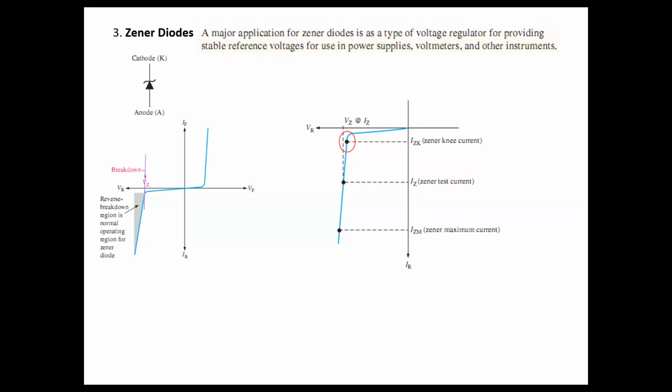In the data sheets, you can find the Zener test current, and also the Zener maximum current. When using a Zener diode, we should not exceed this maximum current. That is also very important data.